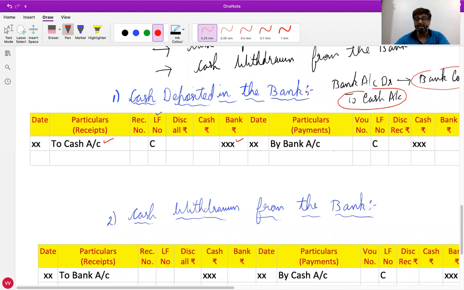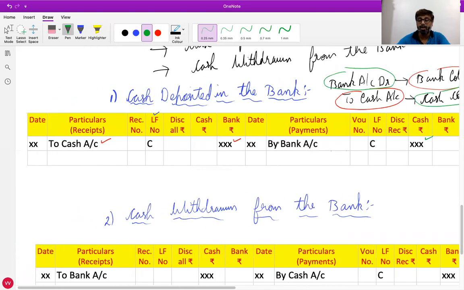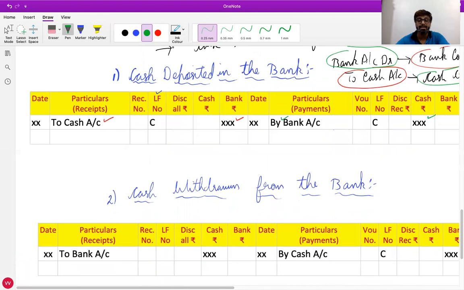LF column and date will come. And to cash account means in the cash column we will write on the credit side. In the cash column we will write on the credit side, and in particulars we'll write the name of the opposite account, by bank account. This is the actual concept.